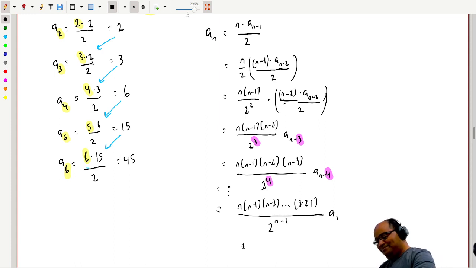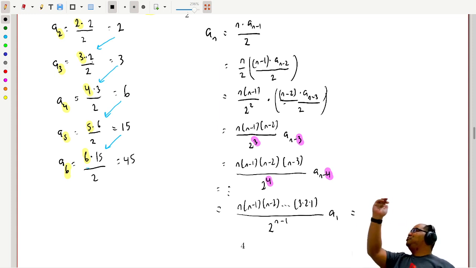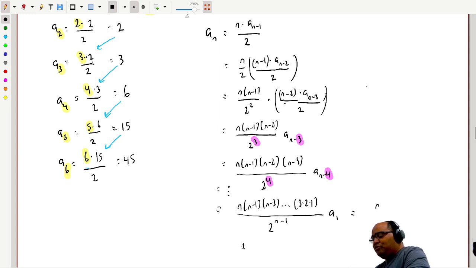Now, this number on top here, if I multiply from an integer and go all the way down to 1, multiply everything in between, we call that the factorial. That's n factorial on the numerator divided by 2 to the n minus 1 times a 2. And it looks like what we have here for a closed rule after canceling some exponents here is n factorial over 2 to the n minus 2.